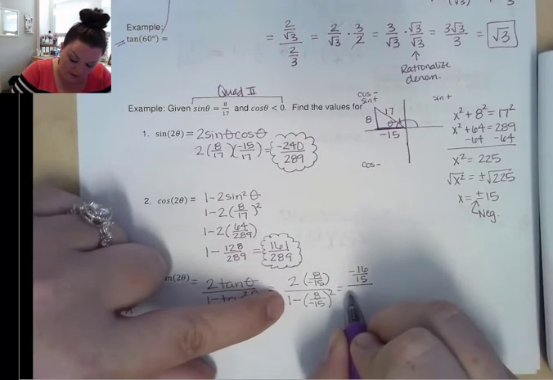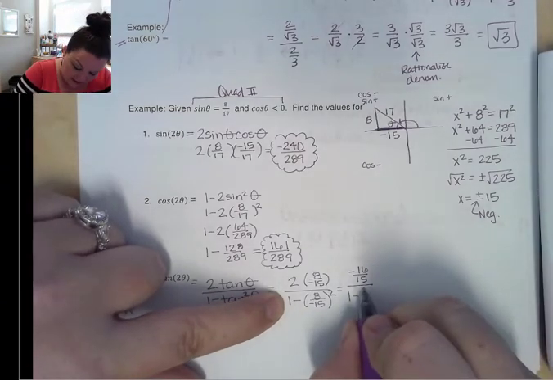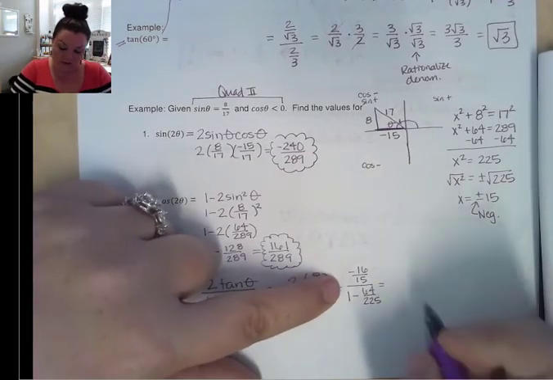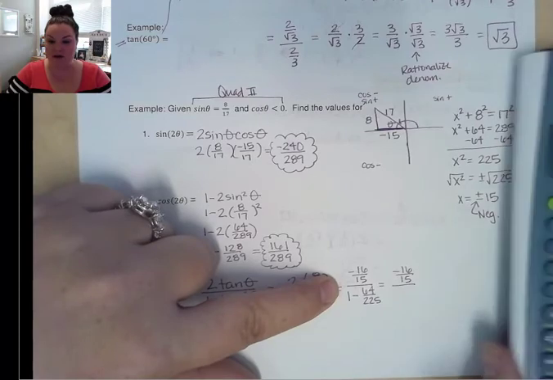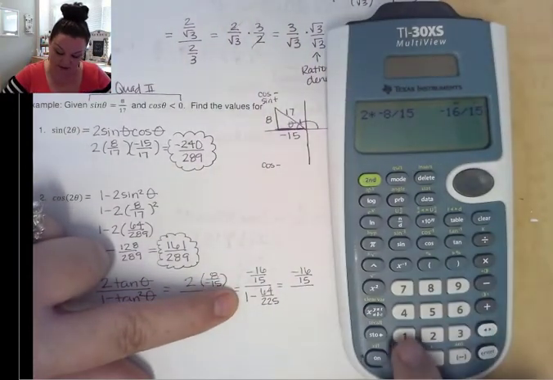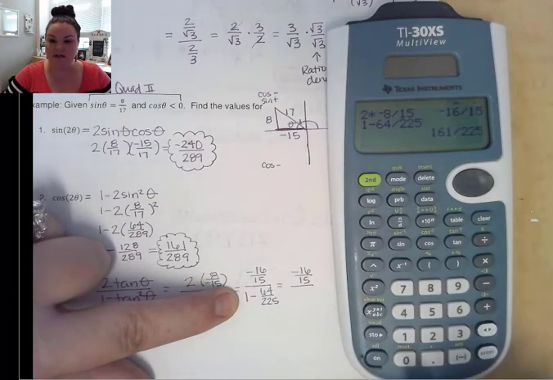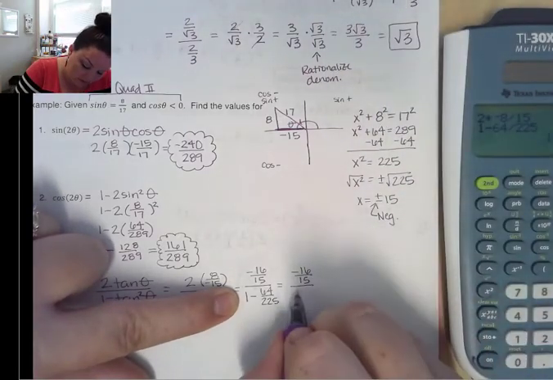On bottom, I have 1 minus. Now, if I square this on top and bottom, I should get 64 over 225. So I have negative 16 over 15. On bottom, I'm going to go ahead and use my fraction button to calculate this. So 1 minus 64 over 225 gives me 161 over 225.